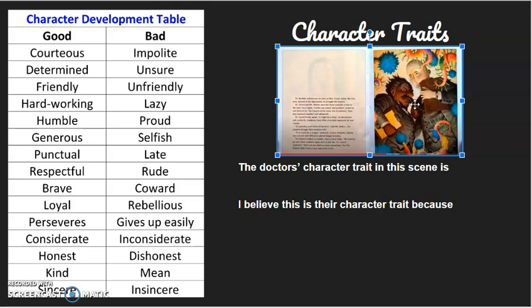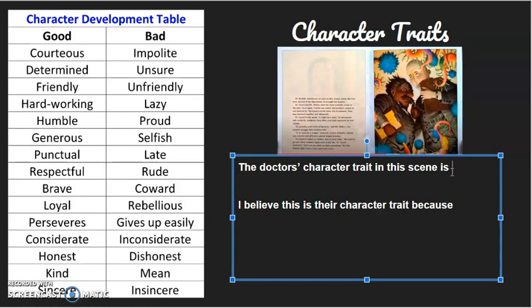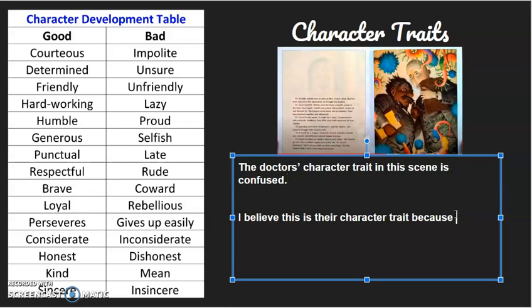So they looked kind of confused. And so I think the doctors' character trait in this scene is confused because they do not know what's going on with her. I believe this is their character trait because they do not know what is wrong with her. They cannot figure it out. Okay?